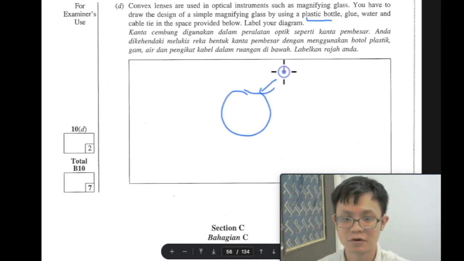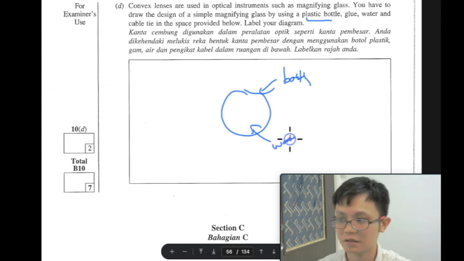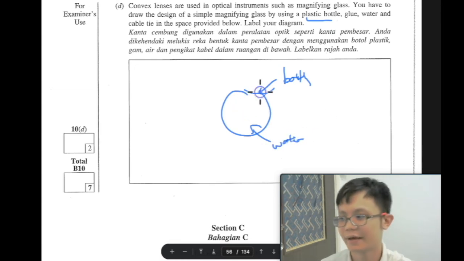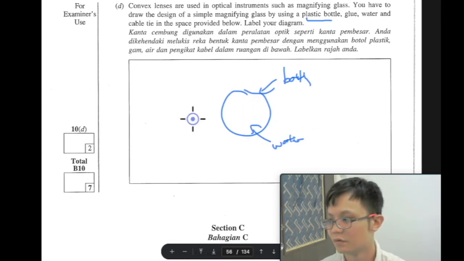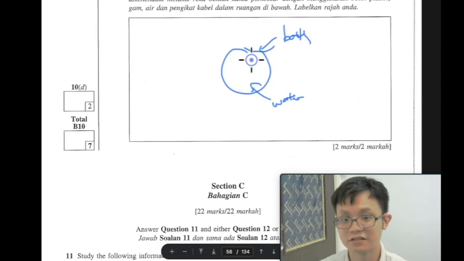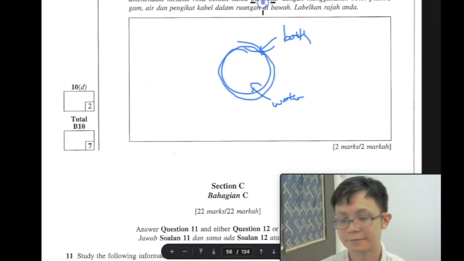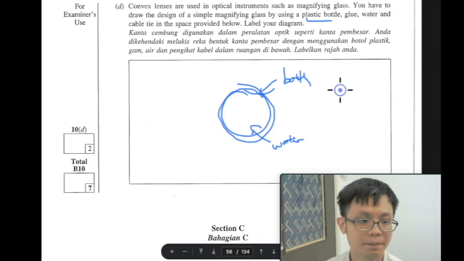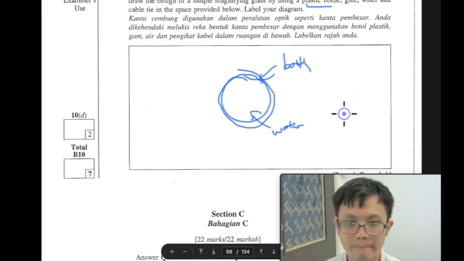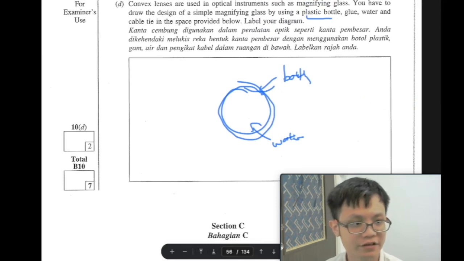You have a bottle, and you put the water and the glue here. Do you need to explain this one? No need to explain. So you just draw, label it, and then it will become a magnifying glass. Okay. Any question? No. So okay, thank you. I teach until here.